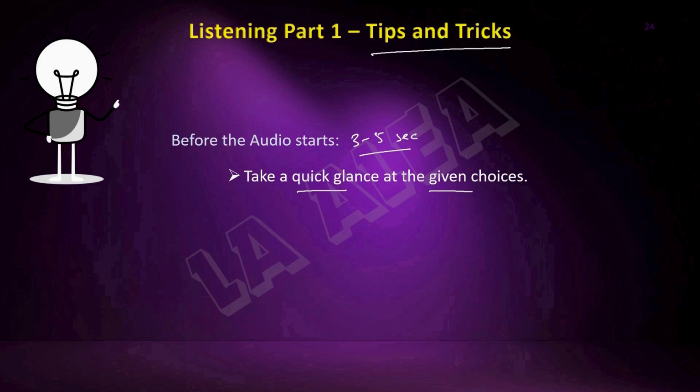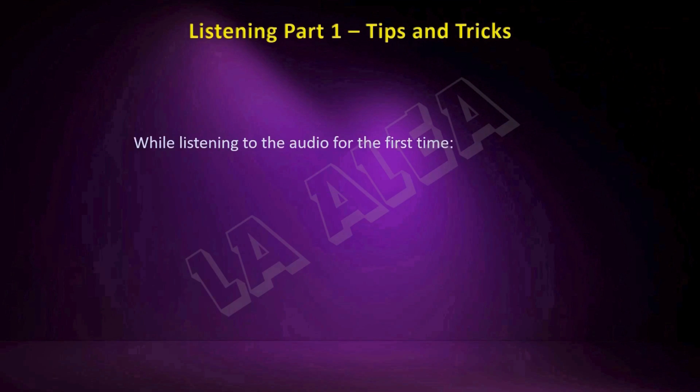Do not panic if you do not understand a particular word or sentence, and be mindful that none of these options you are going to hear during the conversation. So you can take a quick glance just to guess what type of conversation you are going to listen to, but do not look for these options in the audio.